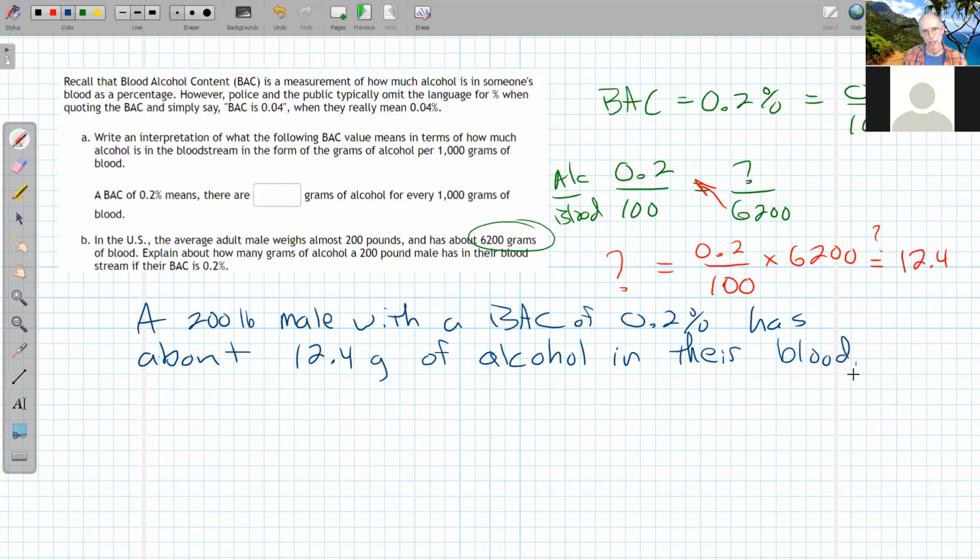There are many ways you can word that, but I do want to include something about this male. 200-pound male would be a good way to word it. And then I should mention their BAC, because that's what leads to this right here. I don't think I really need to mention the grams of blood, but you could.